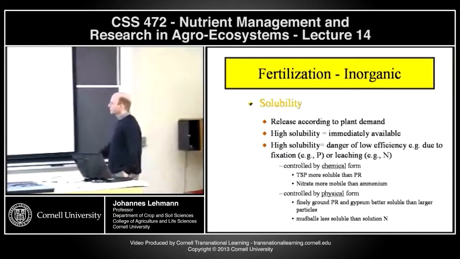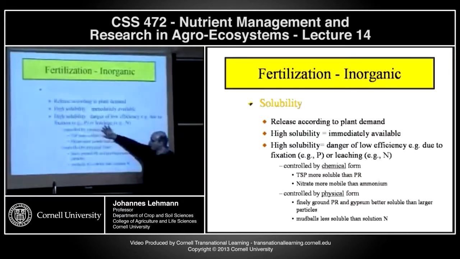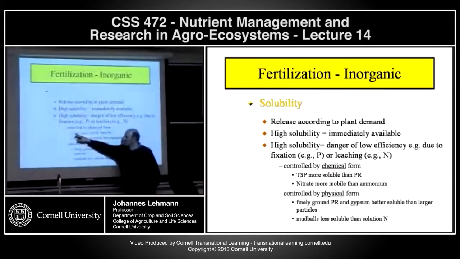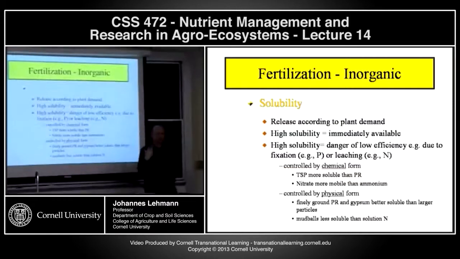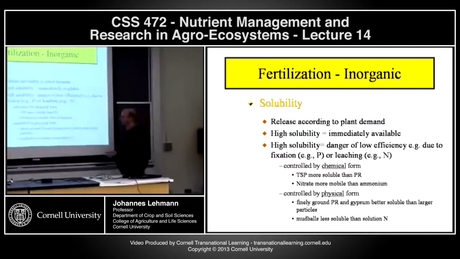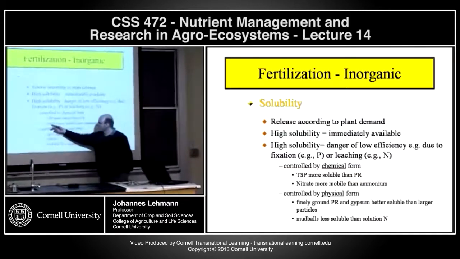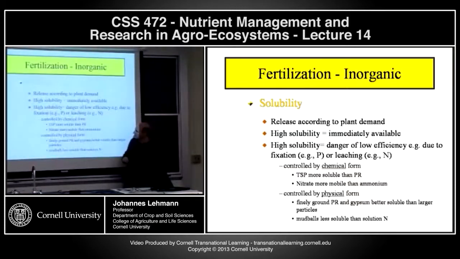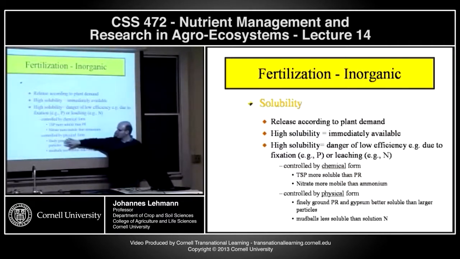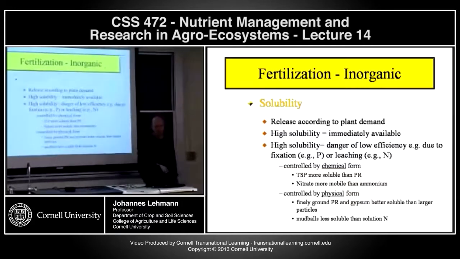The solubility is controlled by the chemical form. We've already talked about that triple superphosphate is more soluble than phosphate rock just because of the chemistry of those two. And we know already that nitrate is more mobile than ammonium in most soils that are dominated by cation exchange capacity. But solubility is also controlled by the physical form.